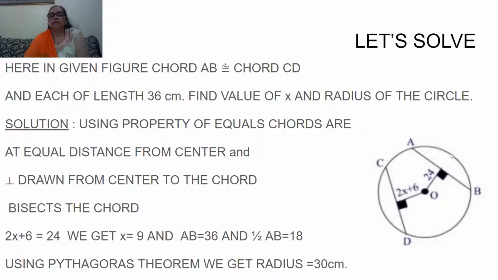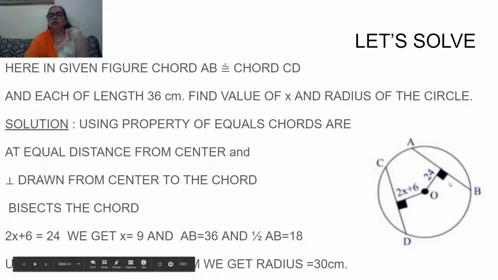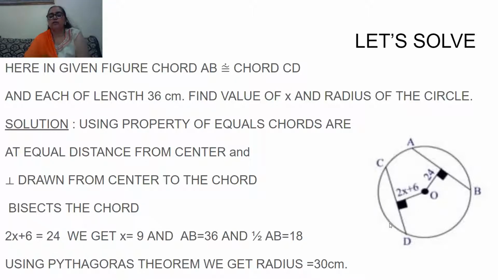Here in this figure, you have been given that chord AB and chord CD are of equal length, and the distances are shown as 2x plus 6 and 24. You have to find the value of x, and if AB is 36, what is the radius of the circle?